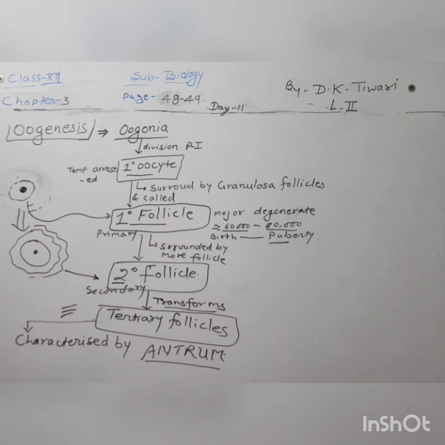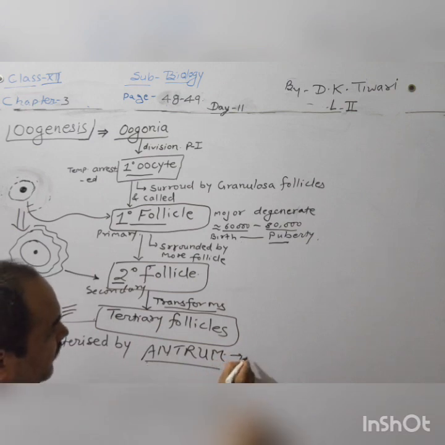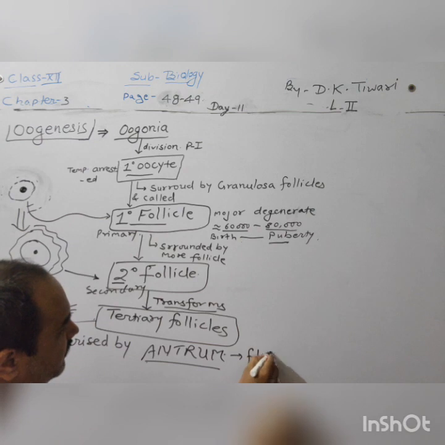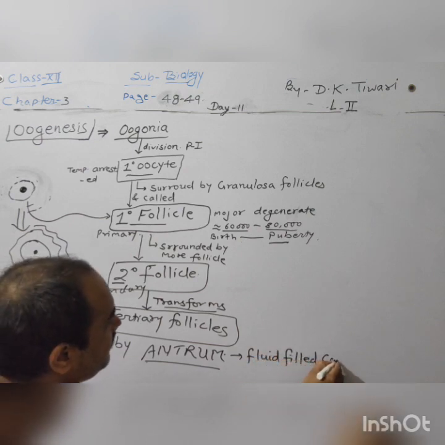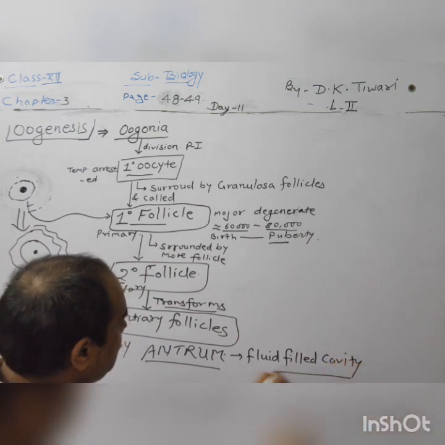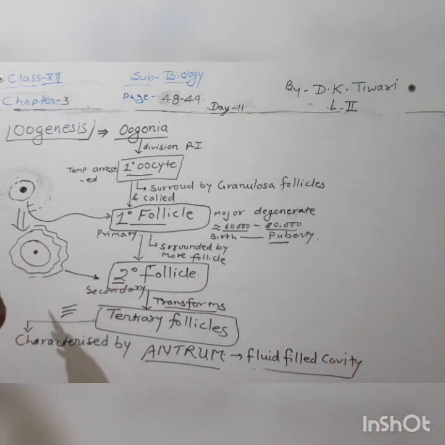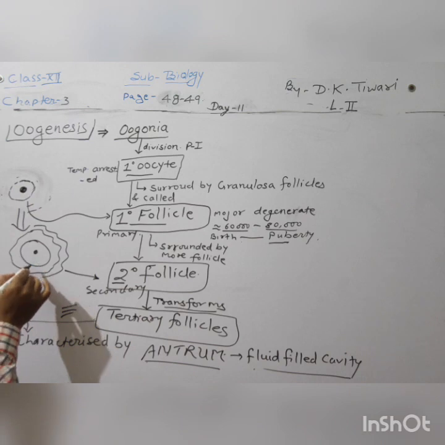What is this antrum? It is nothing but a fluid filled cavity. Fluid filled cavity, that is called antrum. This will definitely be found here, in the form of this fluid filled cavity.